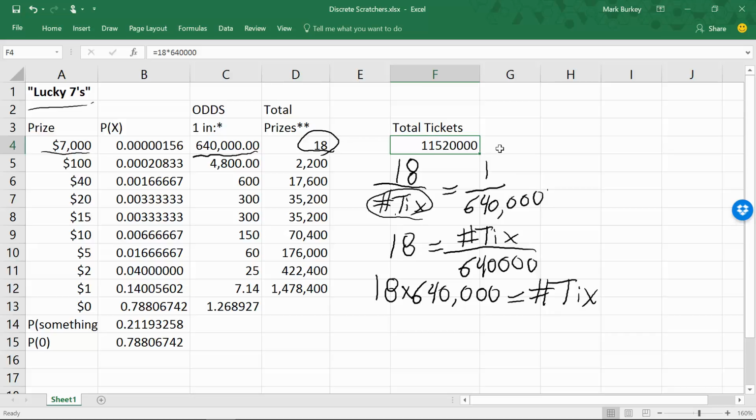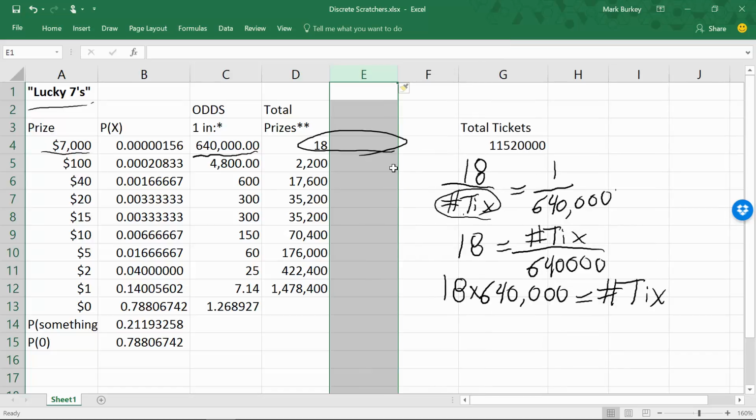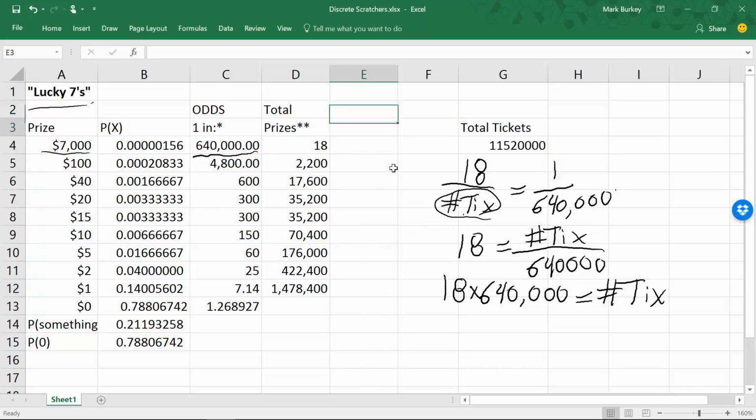Now it turns out that you can also get this number of tickets this way. I think hopefully you can see the way this formula is going to work out. All we did there, what the math told us to do, is just take the 640,000 times 18, right? So equals 640,000 times D4.